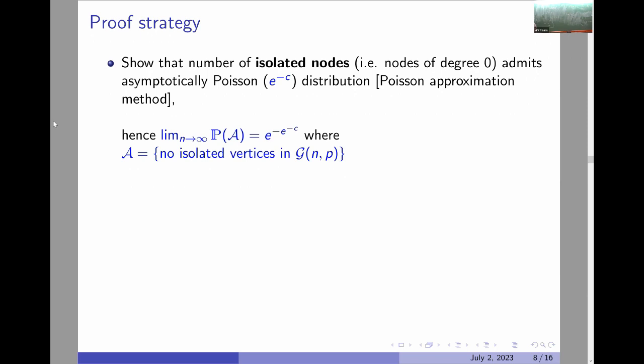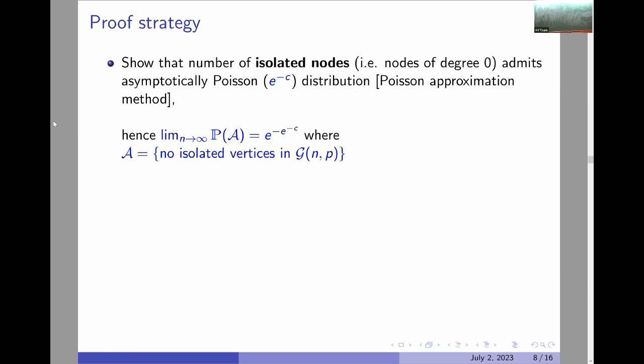It would follow directly from convergence of the binomial distribution to the Poisson distribution if the events "node i is isolated", "node j is isolated" were independent, because we would have a binomial distribution for the number of isolated vertices. However, you have some dependency between those events, because if a node is isolated, it makes it more likely that another node is isolated.